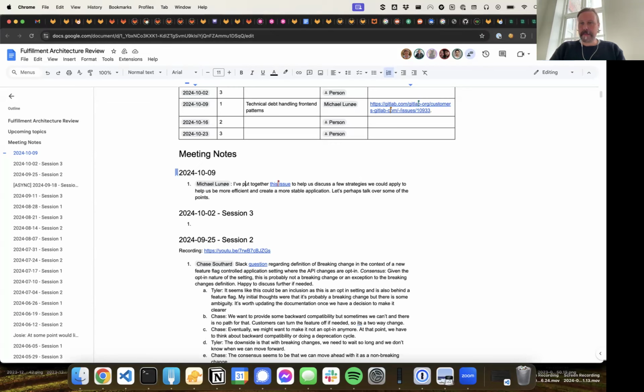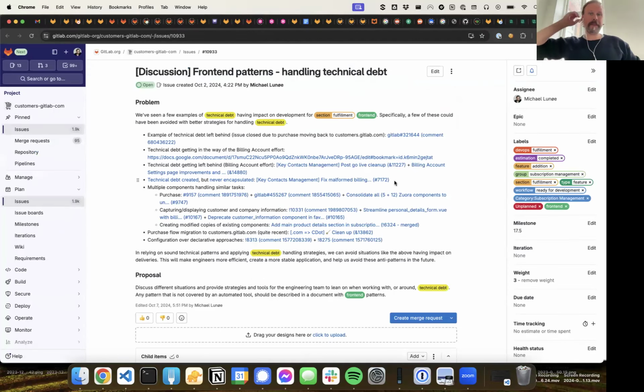This is something that's been on my mind for a while, and basically the point of this is mainly a discussion at this point, of implementing some strategies, perhaps even some patterns for us to follow around handling technical debt. I've tried to list out a few examples that I've collected, but there's definitely a few more.